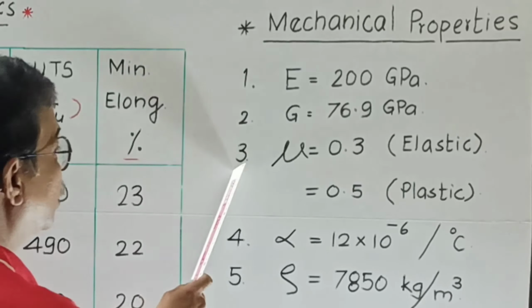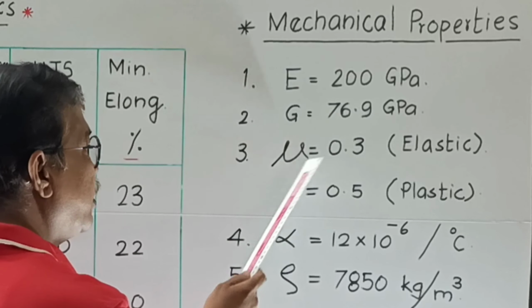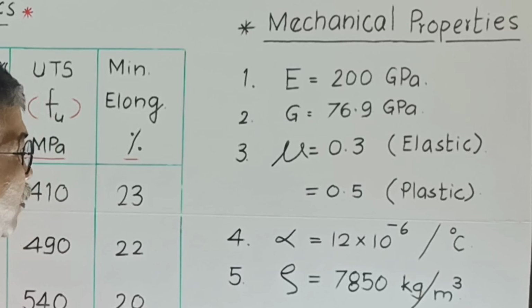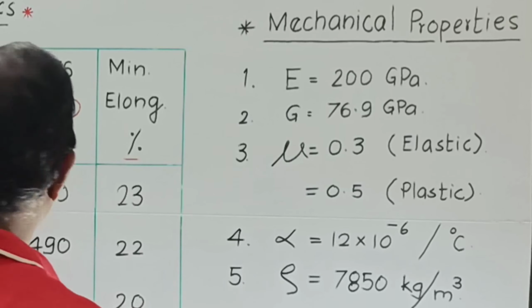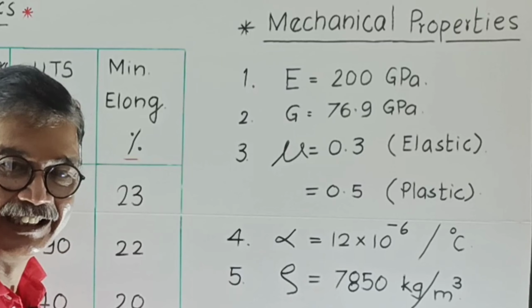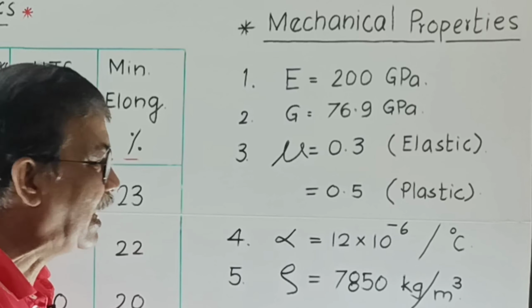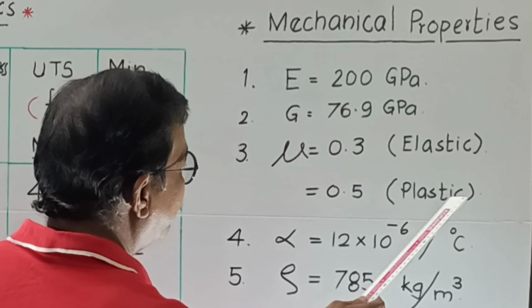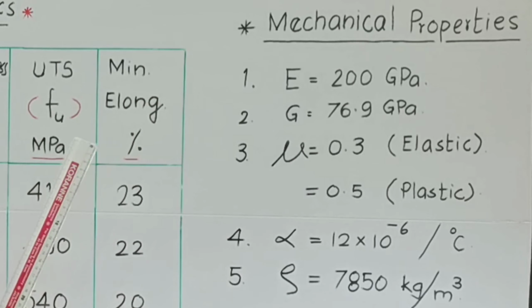The third one is Poisson's ratio, that is mu. Value of mu for this structural steel is 0.3 in the elastic region and 0.5 in the plastic region or plastic range, you can say. What is mu? Poisson's ratio.